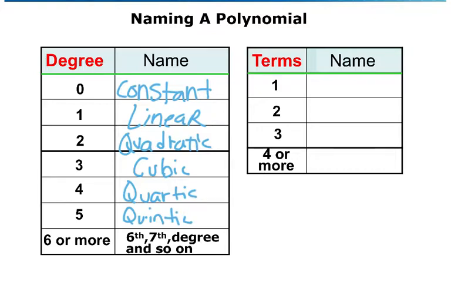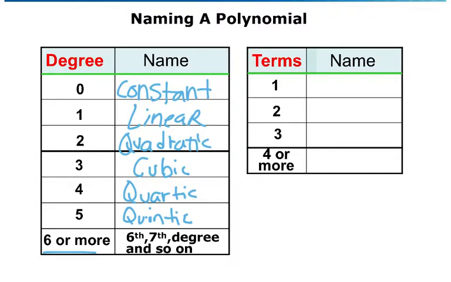Maybe you've heard of quintuplets. That would be 5 children at a time. Yikes. Okay, and then literally after that, if it's 6 or more, you just say it's a 6th degree, 7th degree, 20th degree, whatever it happens to be. So we don't really have names. I mean, we do, but we just don't use them. So 0 to 5, and then after that, we just kind of say the number as its degree.